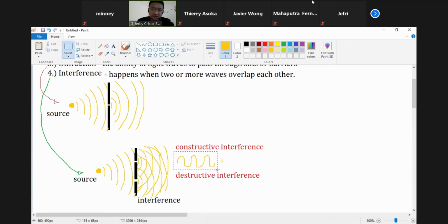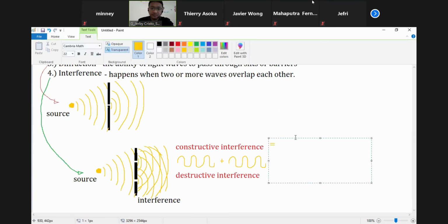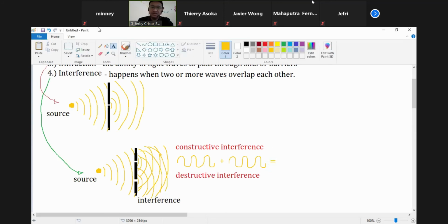Let's call it wave B. And let's say these waves are of the same wavelength, same amplitude, and the same frequency. Okay, now what will happen if they meet? So this is what we expect to happen to the two waves.